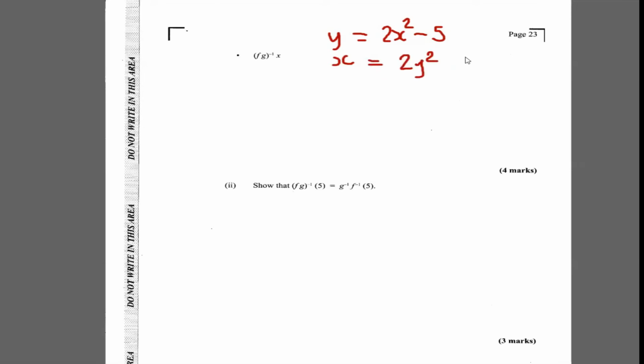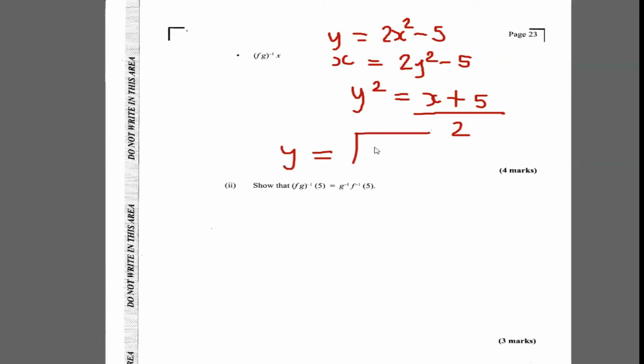All right. Now we're required to make y the subject again, so we'll bring over 5 and then divide by 2. Clearly what we're going to see is y squared is equal to x plus 5 divided by 2. If y squared is x plus 5 divided by 2, we can square root both sides to get that y is equal to the square root of x plus 5 divided by 2.